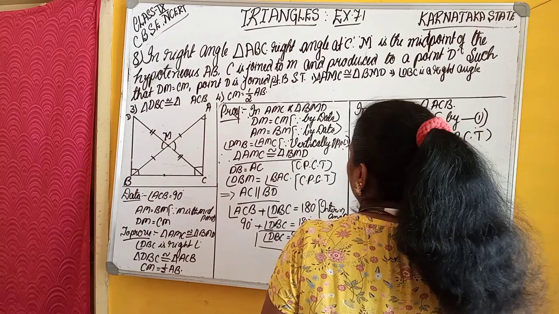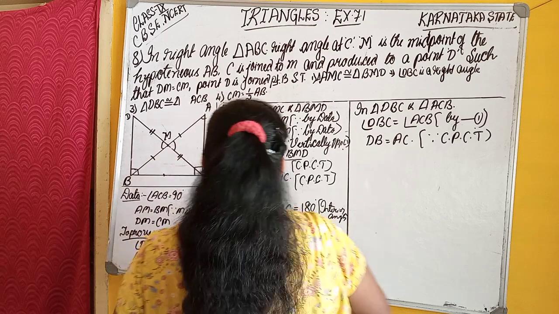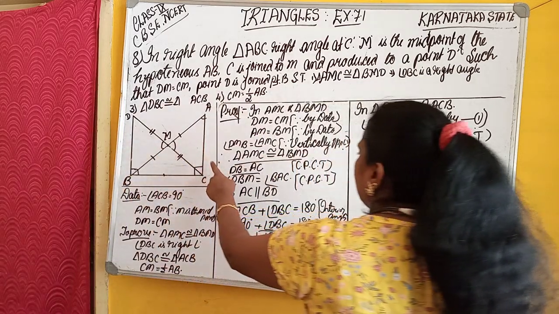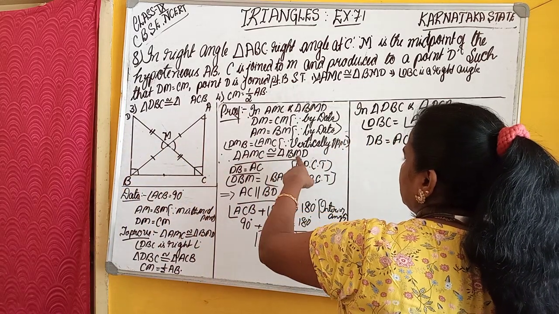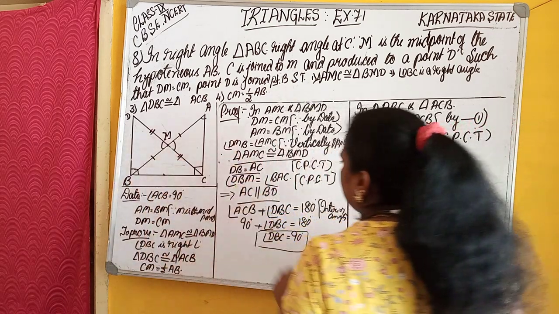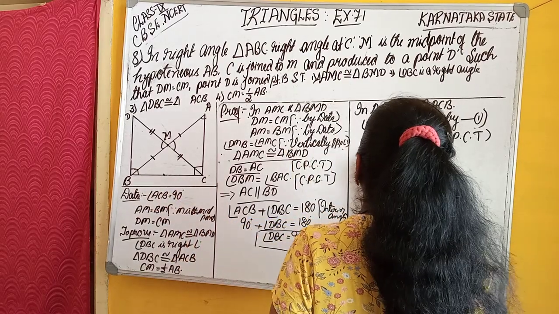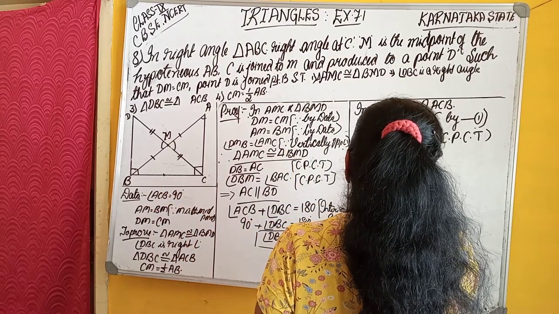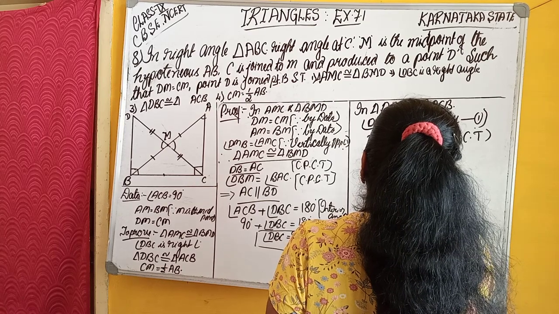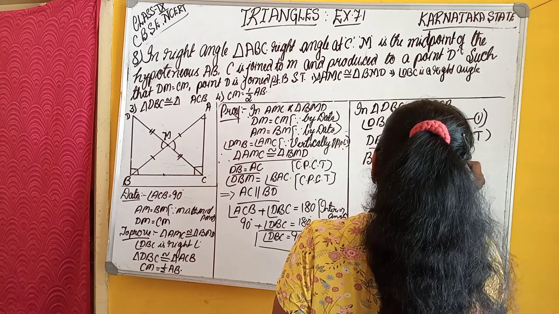Here we proved that DB is equal to AC by proving these two triangles congruent. These two are corresponding sides. And one more is BC is common, a common side for both the triangles.